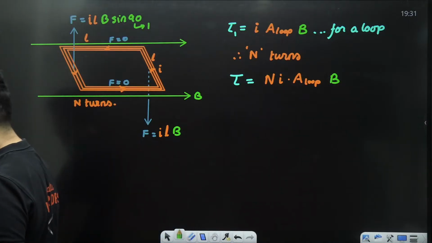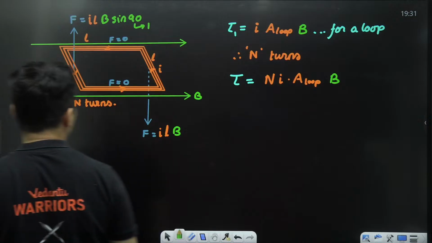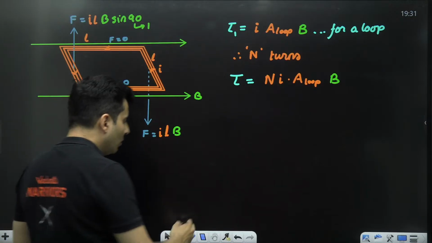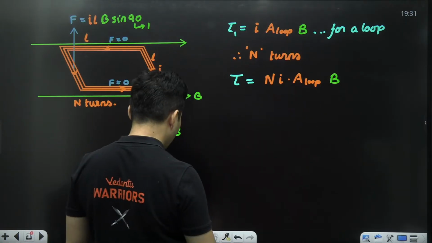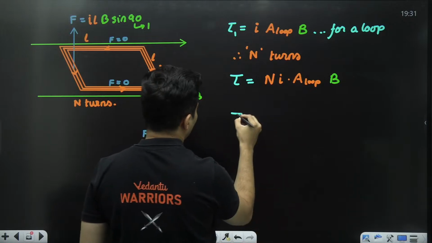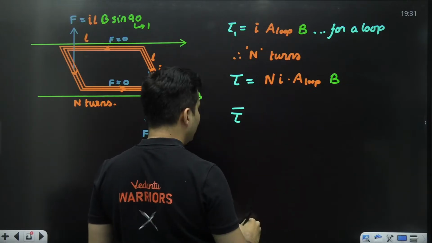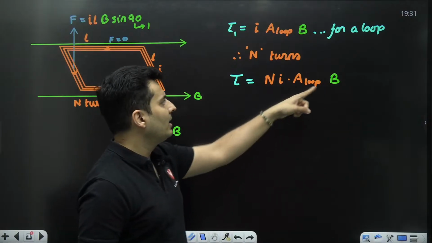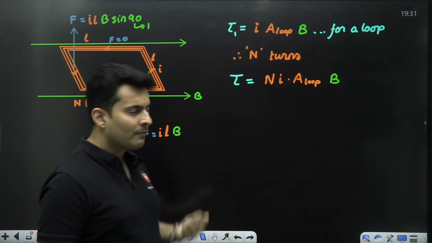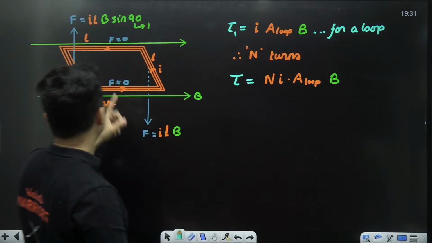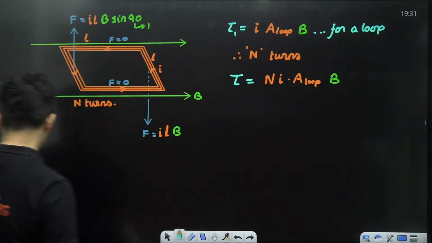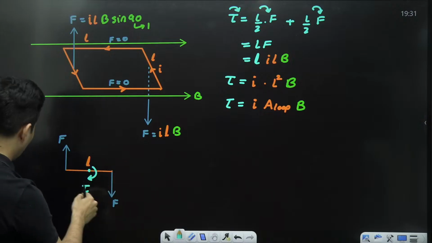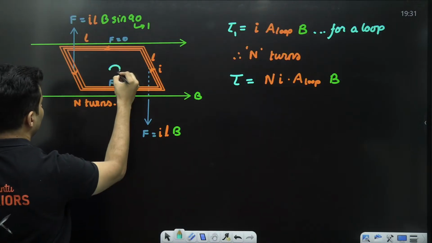Got it, everyone, till this point? Very good. Now we know that torque, strictly speaking, is a vector quantity. Somehow can I find if the torque can be represented in the vector form? So then you will think, okay, torque is basically, we just saw over here, it is clockwise, that means it is going like this.